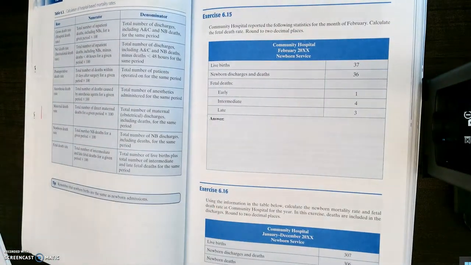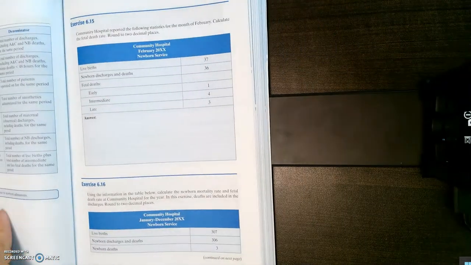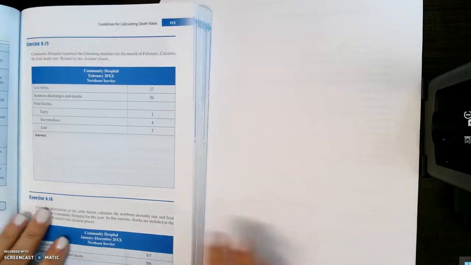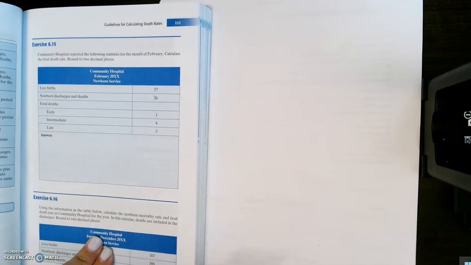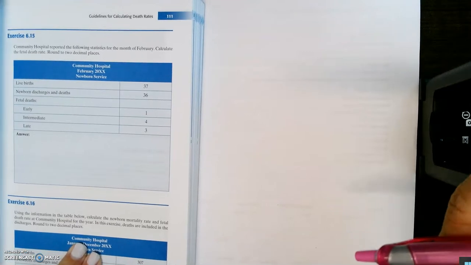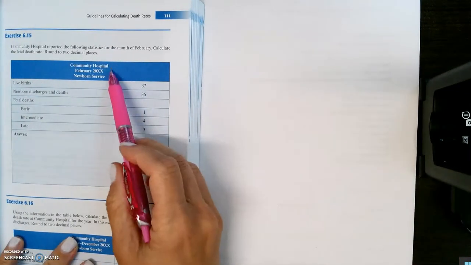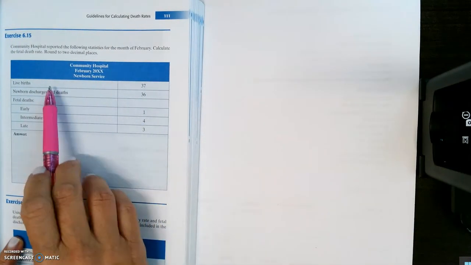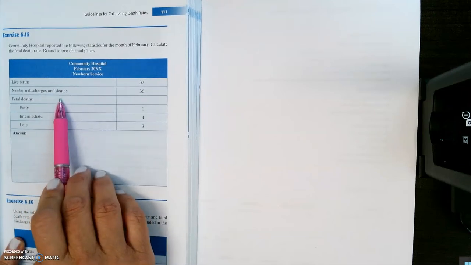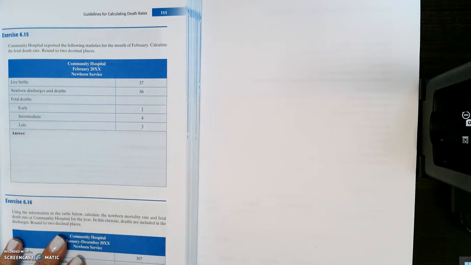All right, so let's go ahead and look at 6.15. Let's try to work some of that out, right? So 6.15 is asking: a community hospital reported the following statistics for the month of February, calculate the fetal death rate, and round to 2 decimal places. So community hospital and midwifery service, you've been given live births, newborn discharges and deaths, and then you've been given your fetal death information.